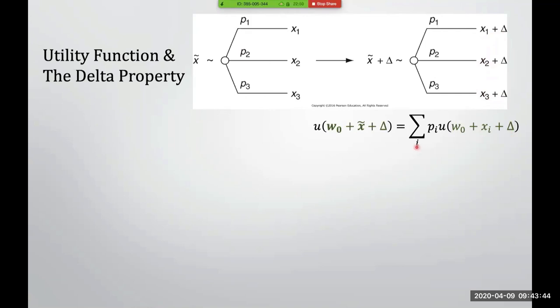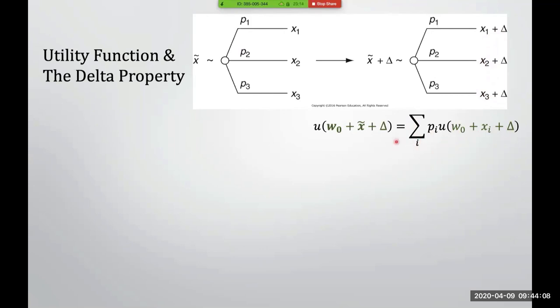So i is a sort of a constant that can take value of 1 or 2 or 3. So you have W0 plus X1 if i is equal to 1 plus delta times P1. And this is just a summation sign that tells you that you're summing this term over all the i's when i is equal to 1 or 2 or 3.